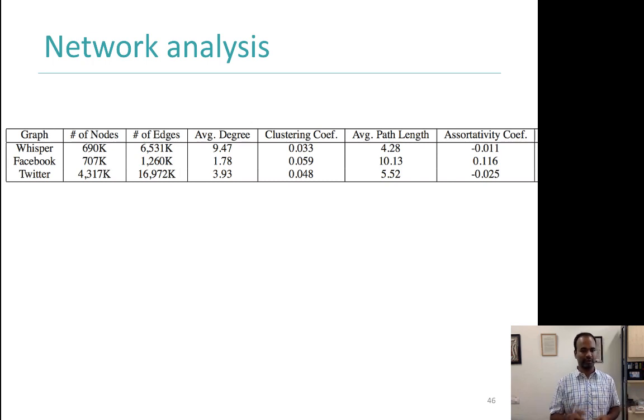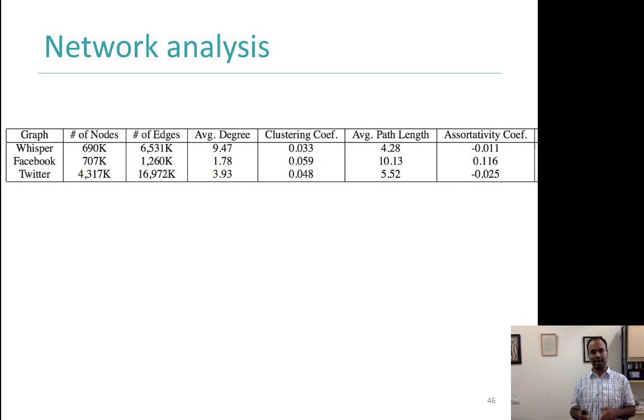So the first column is graph: Whisper, Facebook, Twitter. The second column is number of nodes: 690,000 nodes in Whisper, 700,000 in Facebook, 4,317,000 nodes in Twitter. Then number of edges, average degree, clustering coefficient, average path length, and assortativity coefficient.